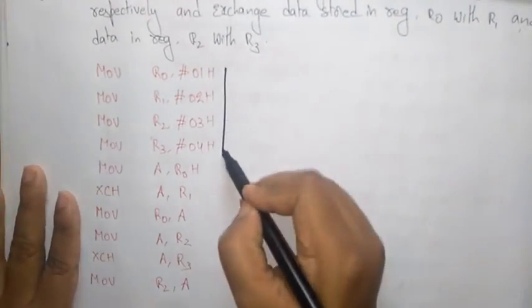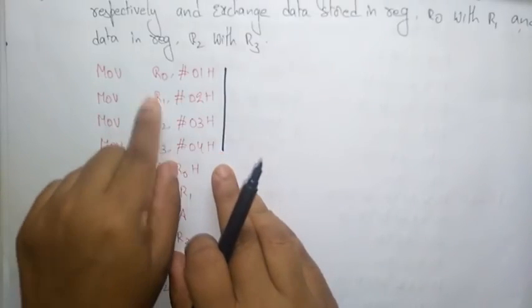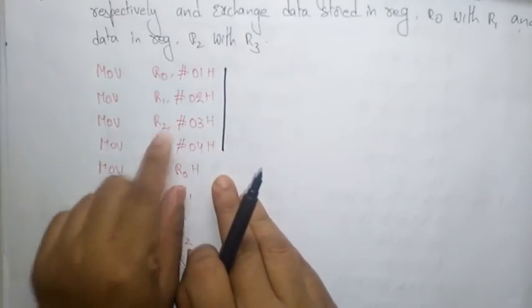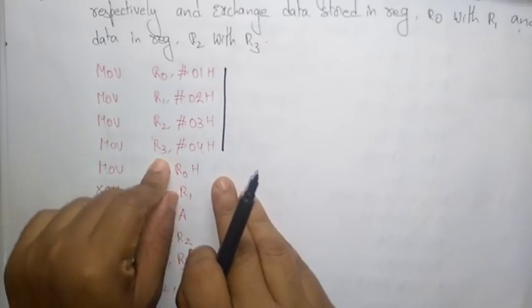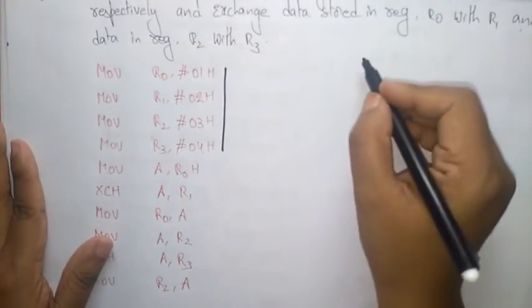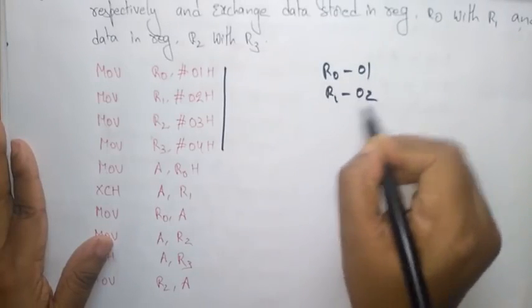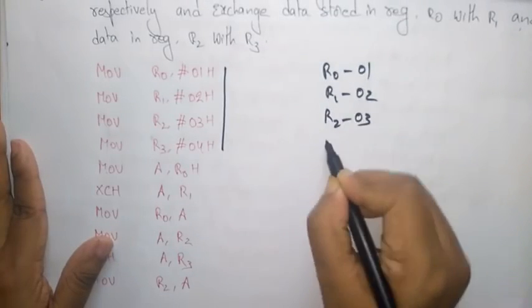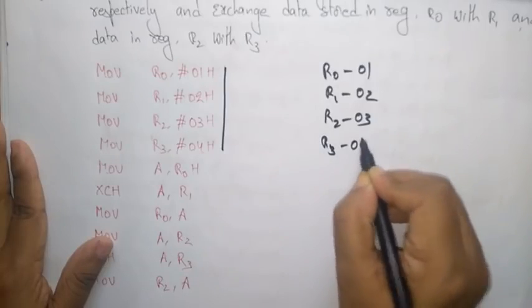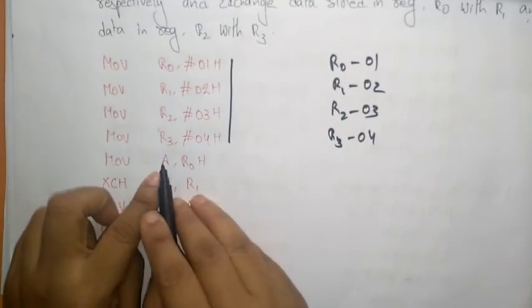So this is all for loading the values in the registers. 01 in R0, 02 in R1, 03 in R2 and 04 in R3. Okay, so now all the registers contain values. Now MOV A, R0.